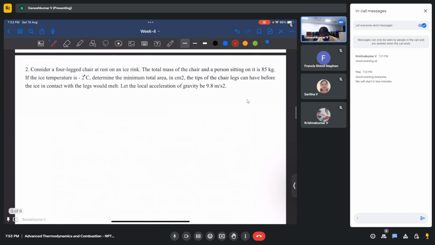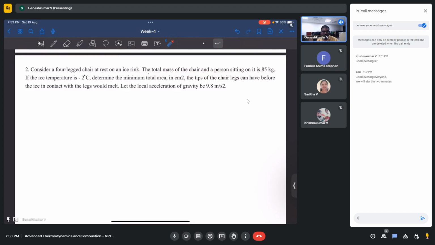I have a chair which is on an ice rink. So there is some ice, and above that there is a four-legged chair. Consider a four-legged chair resting on an ice rink. The total mass of the chair and the person sitting on it is 85 kg.